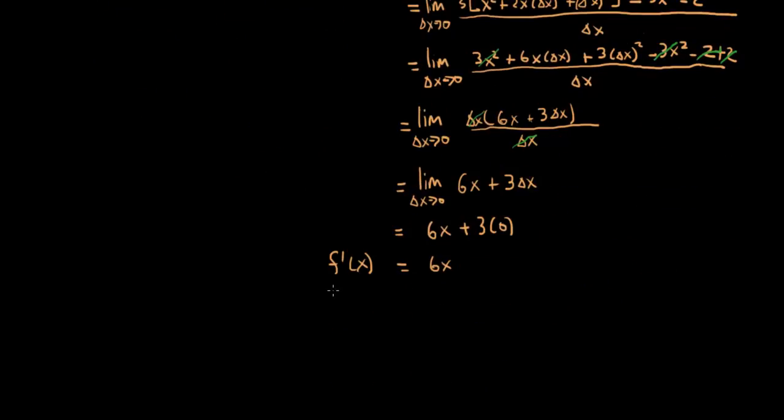If f prime of x equals 6x, then f prime of 4 equals what? Well, I'll just plug in. f prime of 4 equals 6 times 4 equals 24. So the slope of the tangent line is 24 at that point, 4, 50.